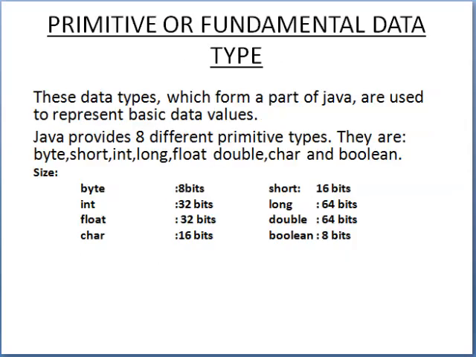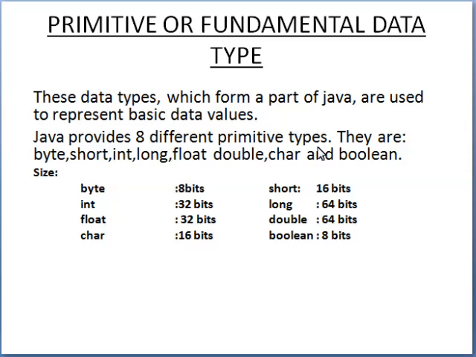First of all, we are going to see what primitive or fundamental data types are. These data types, which form a part of Java, are used to represent basic data values. Java provides 8 different primitive data types.